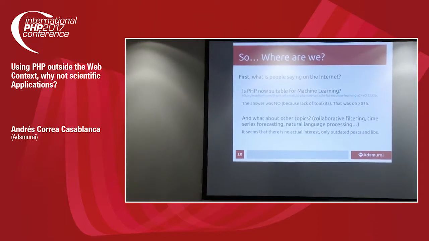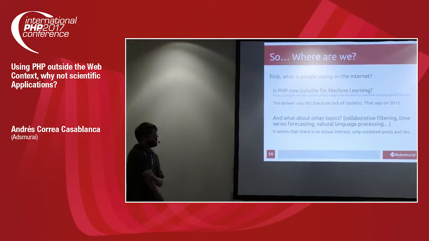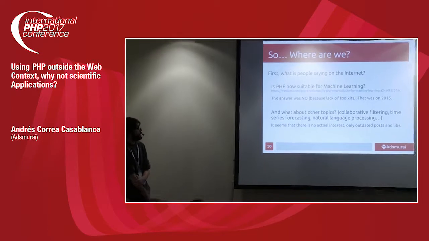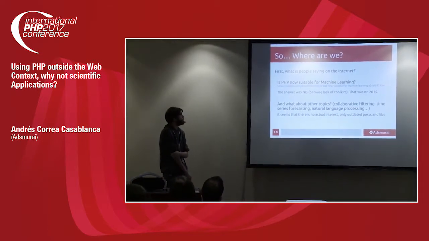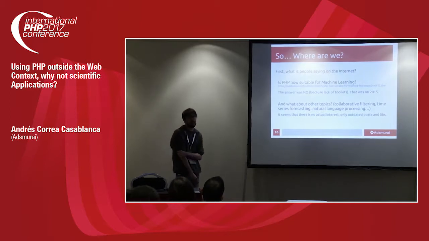So, where are we? To begin with, we should know what we have and what we don't have. Two years ago, a guy wrote a very interesting article talking about whether PHP was usable to implement machine learning techniques.